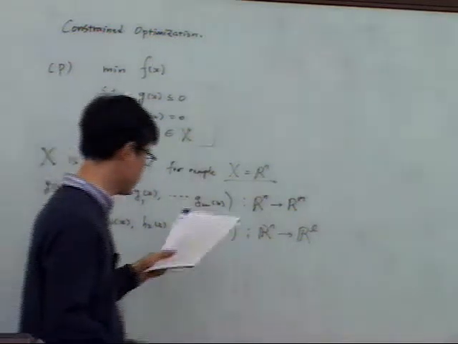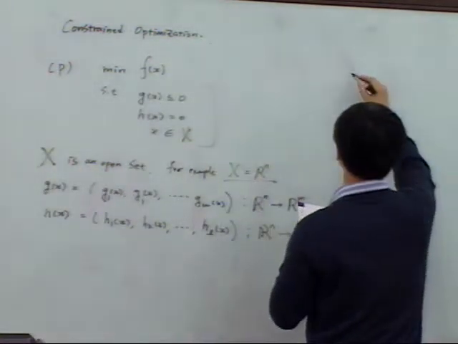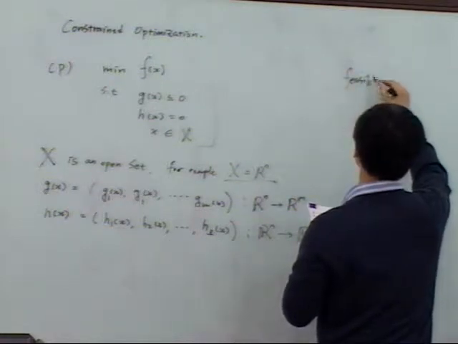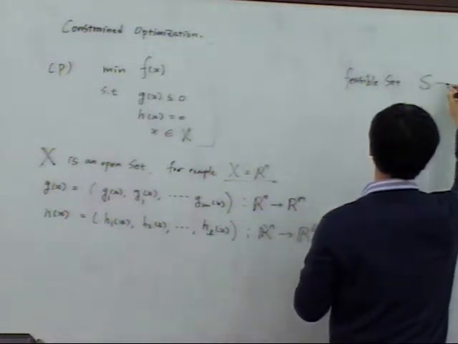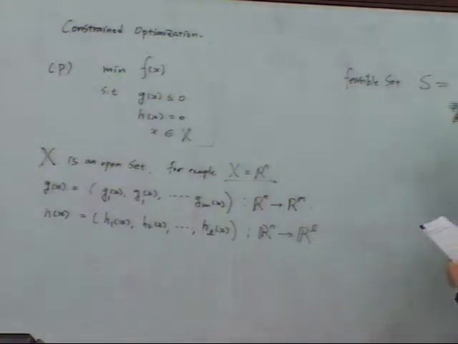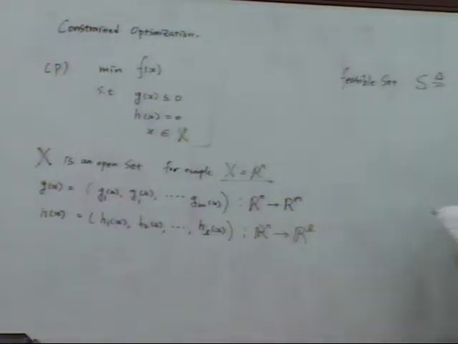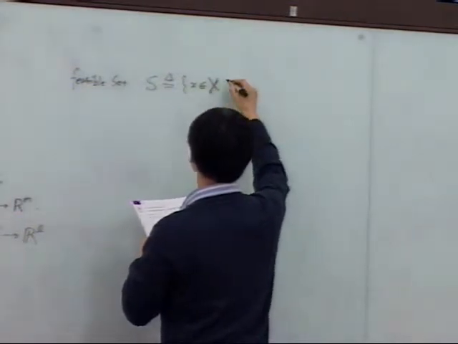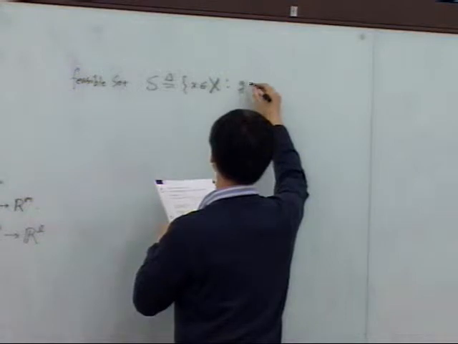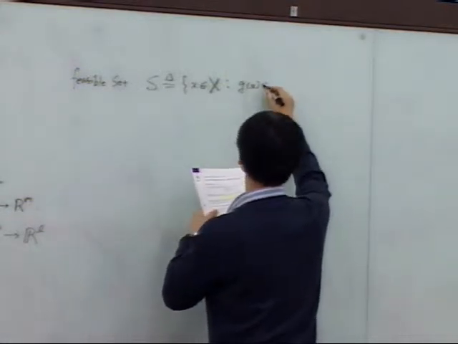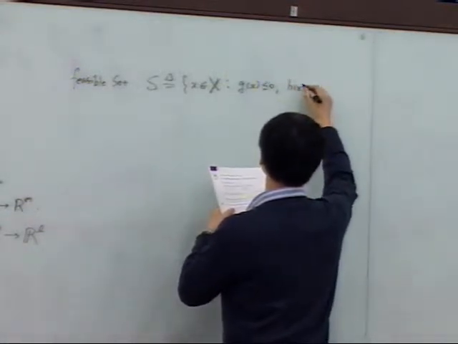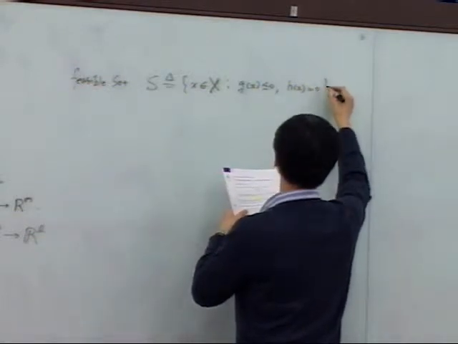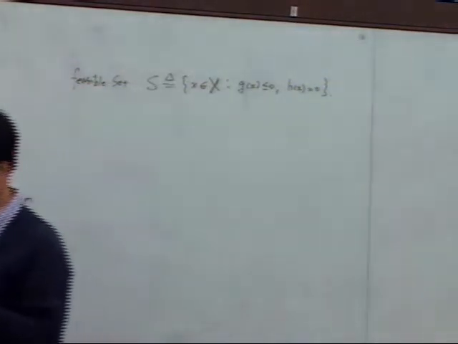Now the feasible set S is defined as, the mathematician likes to use this sign, which means definition, such that, that's our feasible set.